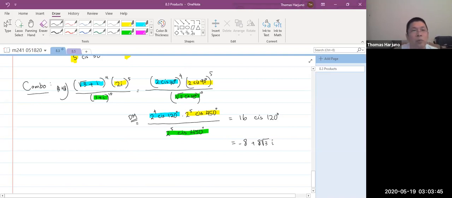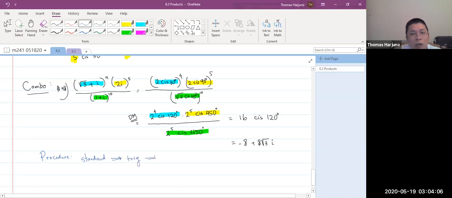So you see the procedure, let me write it in blue. The procedure basically: you start with the standard form. You convert that to trig form first.